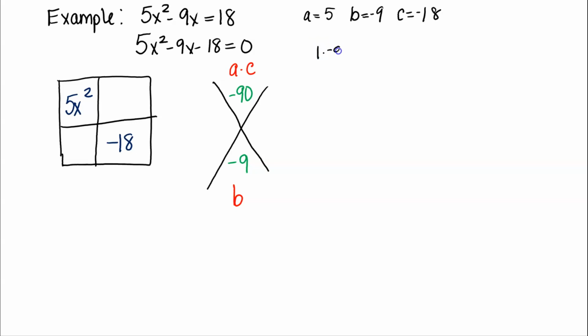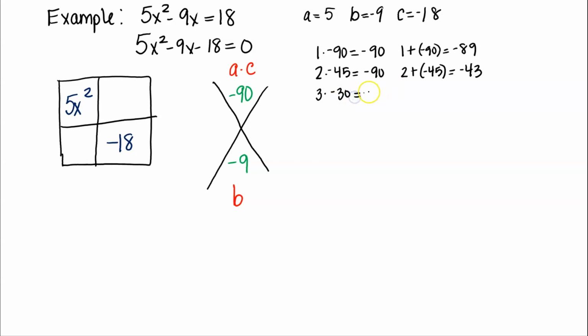So 1 times negative 90 would equal negative 90, but 1 plus negative 90 would be negative 89. 2 times negative 45 would equal negative 90, but 2 plus negative 45 would equal negative 43. 3 times negative 30 would equal negative 90, but 3 plus negative 30 would equal negative 27.